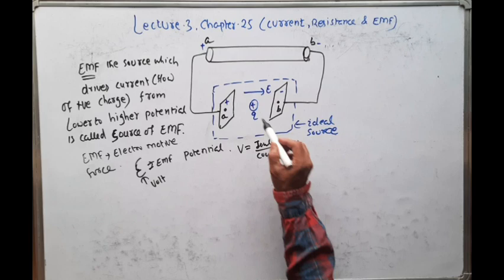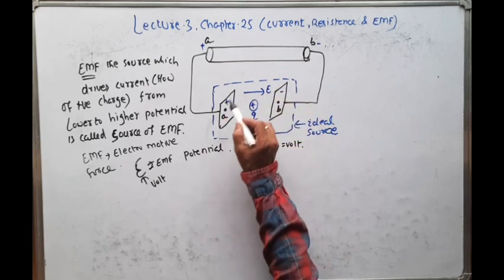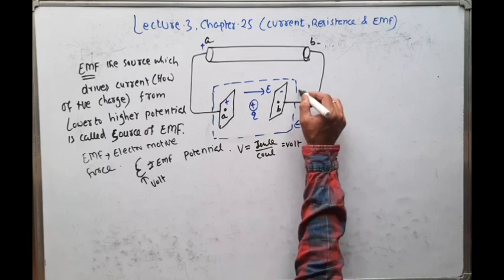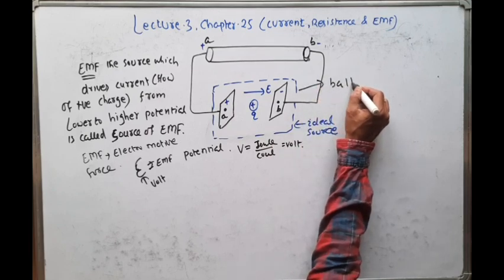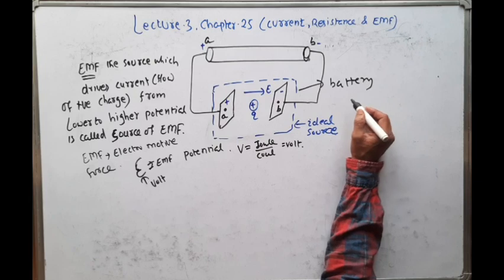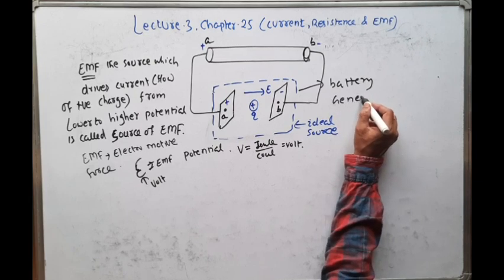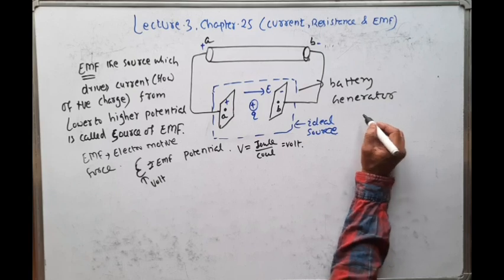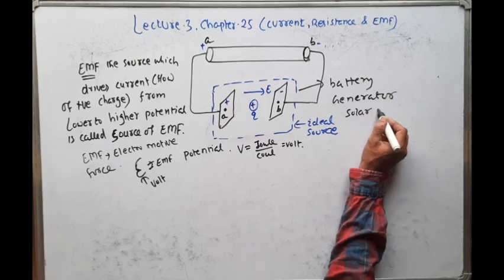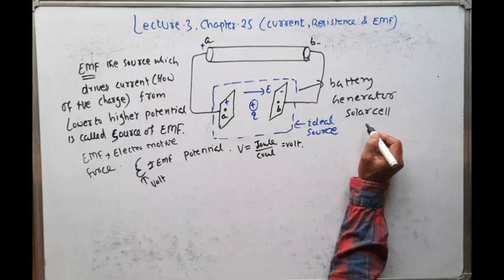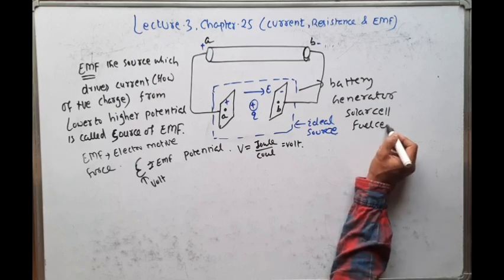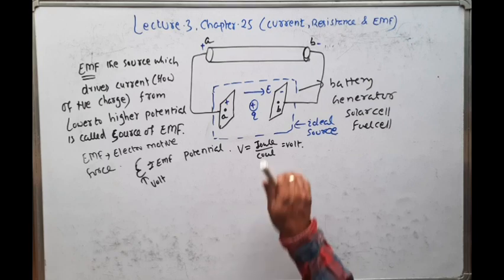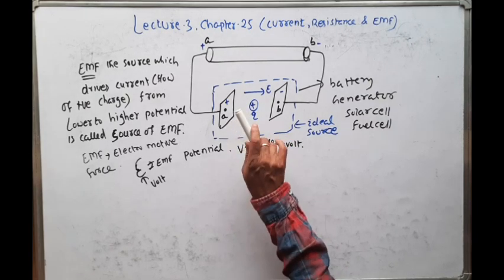Then the question comes, what is the source of this EMF? Sources of EMF are of various natures. One may be a battery. Another may be a generator, DC generator or AC generator. Or the source may be a solar cell or fuel cell, etc. So what is the principle of a source?